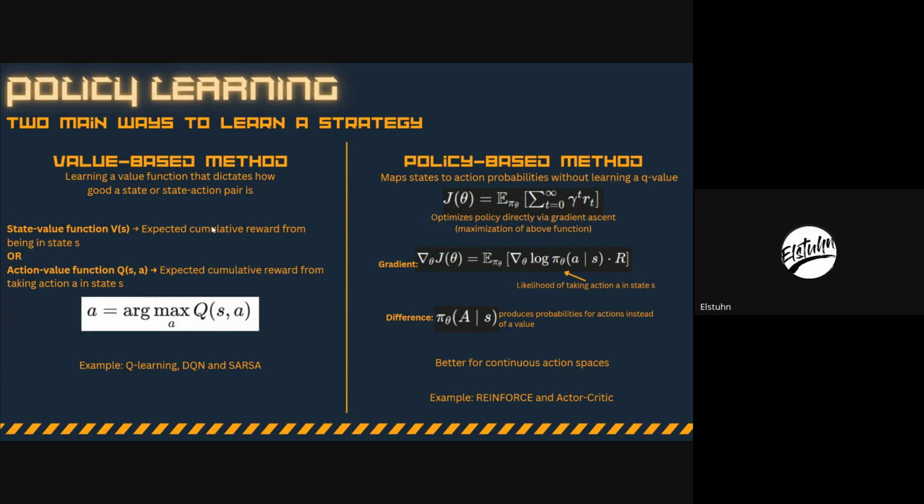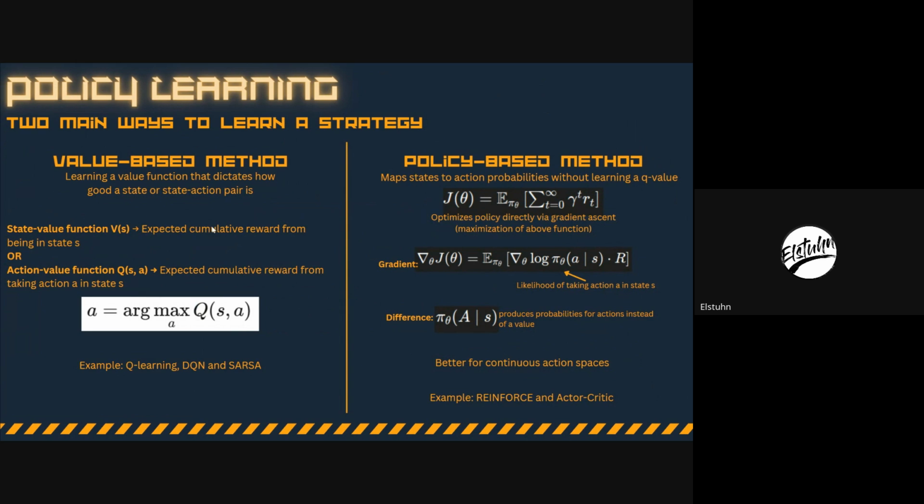Or you can also have an action value function, which gives you a certain value for taking a certain action in a certain state. So that's what the equation looks like. It's like argmax Q(S,A), take the best action. And then obviously we went through this in Q-learning and DQN. And there's a new thing which is called policy-based methods.